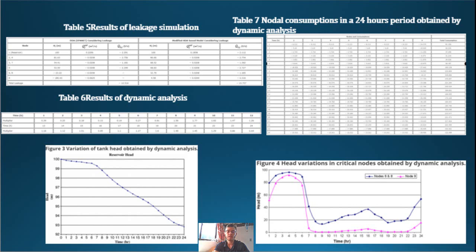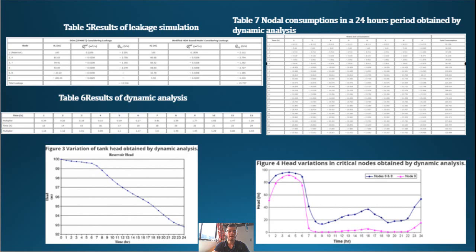As can be seen in this table, the consumption in the critical nodes 6, 8, and 9 in time steps with the maximum consumption is less than the required discharge. The reason is that the hydraulic heads in these nodes are less than the minimum required head. Therefore, the nodal available discharges are decreased.